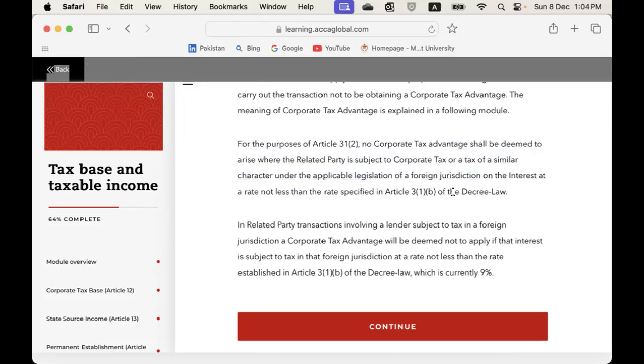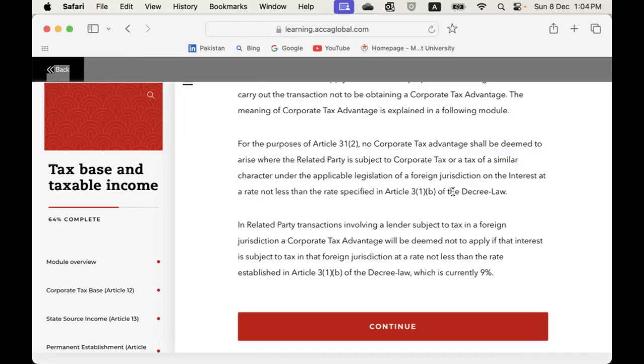But we need to be careful because this usually would happen between the related parties, especially where one related party is significantly profitable and the other party is making a loss. Usually, this is how this fraud is structured.